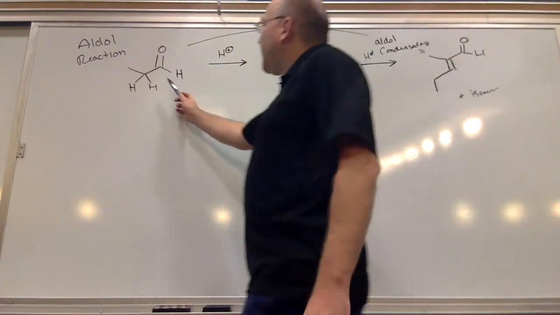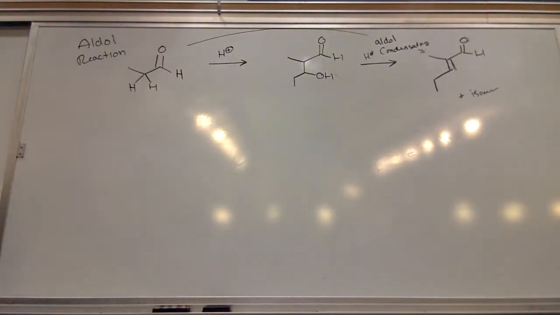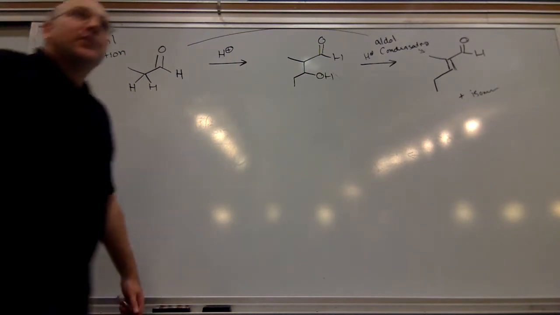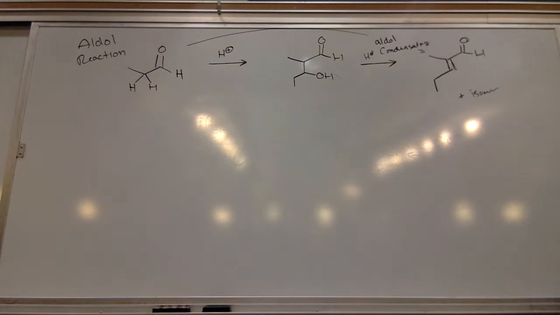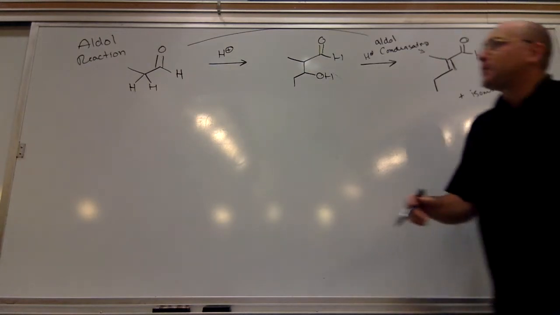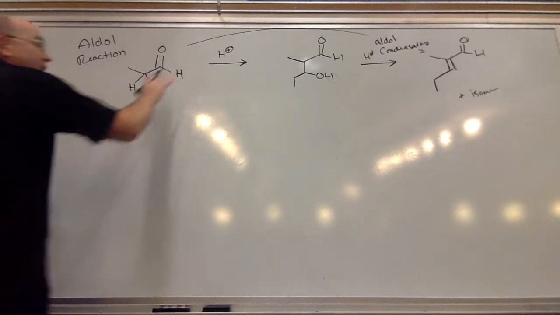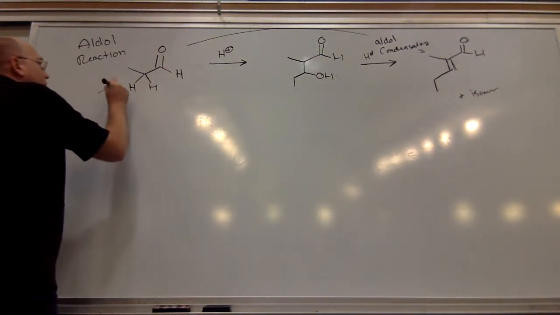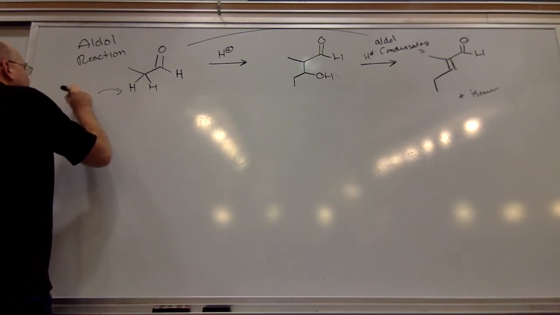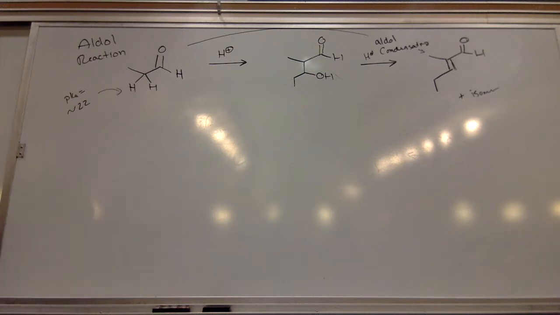Okay, so these protons here are fairly acidic. These alpha protons to a carbonyl. The pKa's 21, 22, 23, somewhere in the low 20s. Okay? It's going to depend upon the specific nature of it, but you're talking about a pKa of, let's say, I'm just throwing that number out there, it's low 20s.